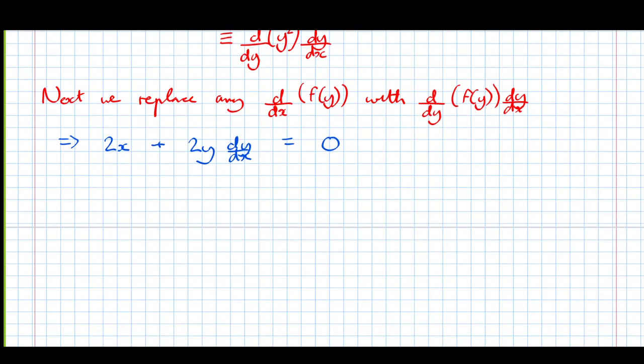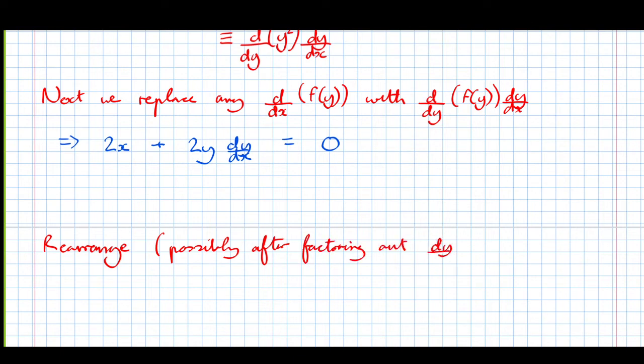So the next step, we rearrange, possibly after factoring out dy by dx, to say dy by dx equals.